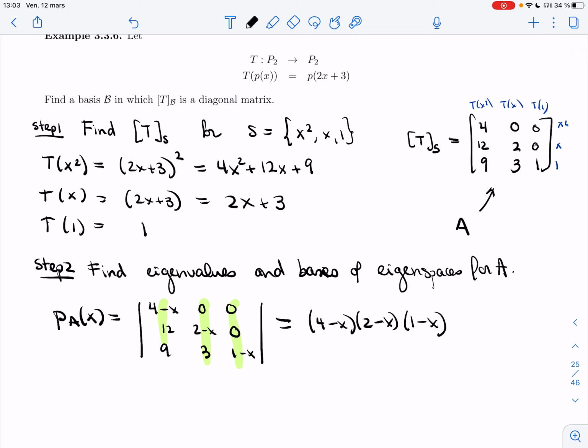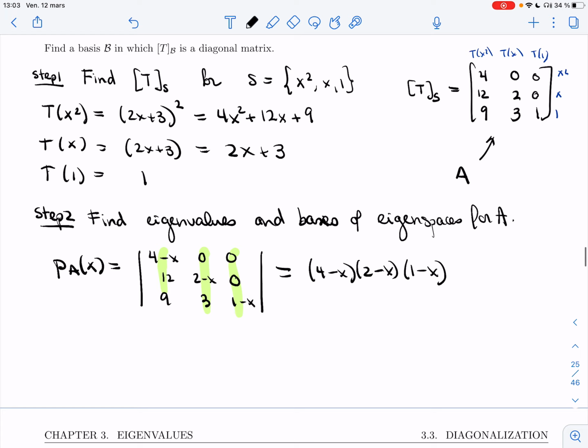Or you could remember that the determinant of an upper triangular or lower triangular matrix is just the product of its diagonal entries. And so I have 3 eigenvalues: lambda equals 4, lambda equals 2, lambda equals 1.